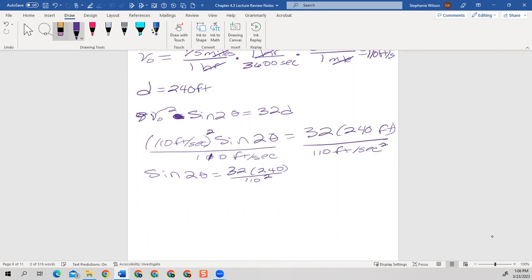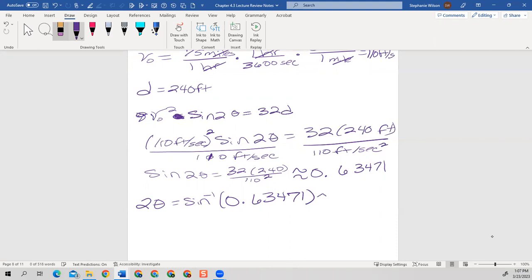Let's just double check my math before I write it down. I'm going to round to the nearest 5 decimal places, okay? Which is 10 thousandths. So 0.63471 is what I got. Now let's find the inverse of this. So that means 2 theta is equal to sine inverse of 0.63471.